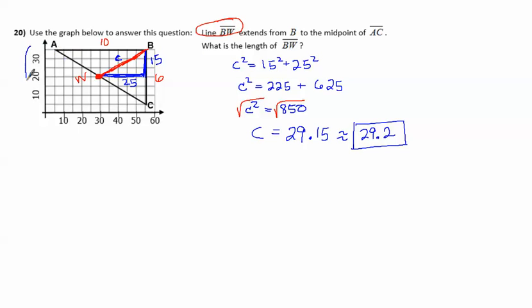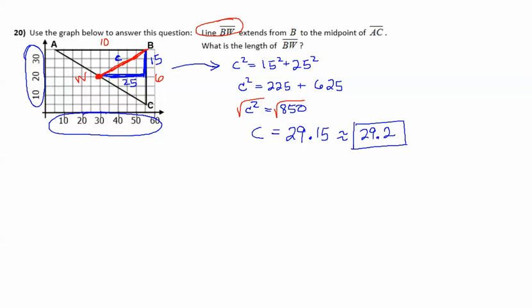And using the correct distances from the scales that are given, you determine the bottom base and the height of that triangle, which should be a 25 and a 15. Those are the numbers that you then use in your Pythagorean theorem to figure out the length C. Using that information, you get C is 29.15, which we rounded to 29.2.